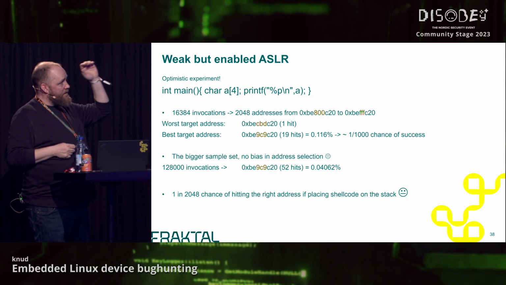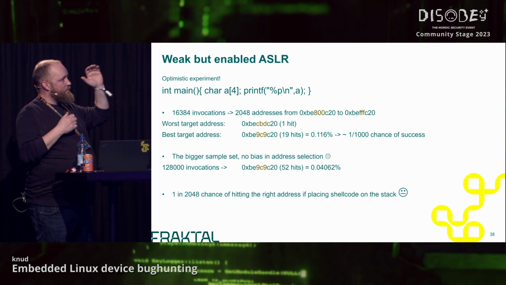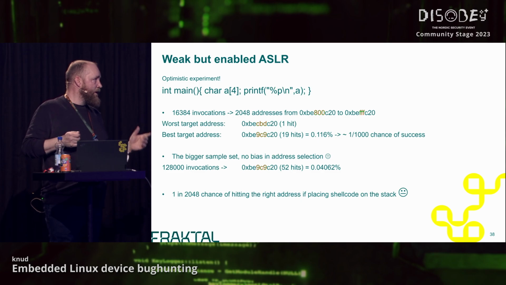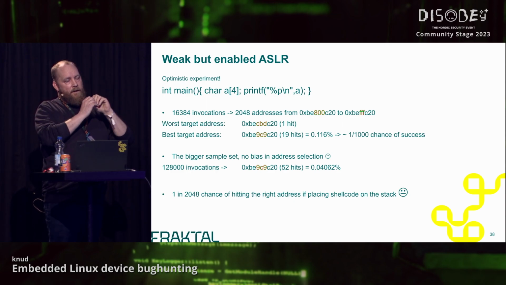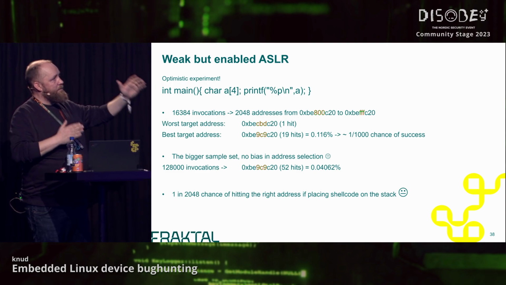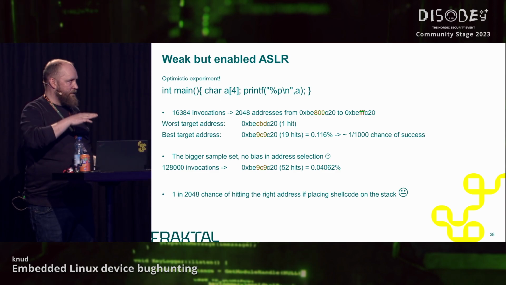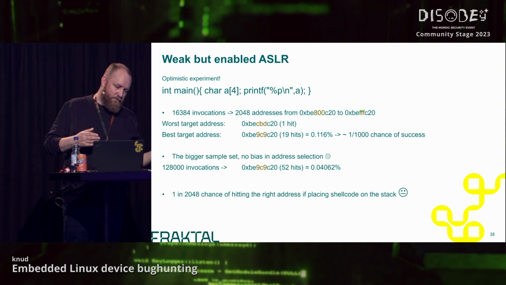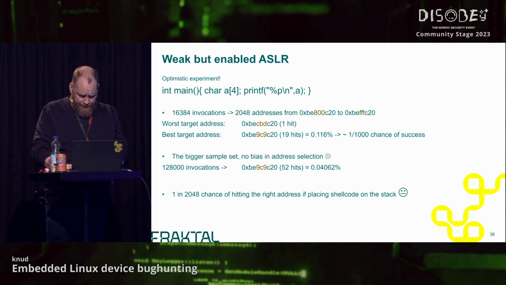So I did some statistical analysis on the stack addresses, and my first run, I get a 1 in 1,000 chance of success, which is better than completely random, not very good, but then I run a bigger sample set, and you can actually see that this number coincides with the actual randomization space, because the ones that are listed as red here are the only things that are going to be randomized, right? So it is random, and you cannot magically guess it. You would need to find some other bug where you could leak some memory, but I wasn't in the mood for that exactly.